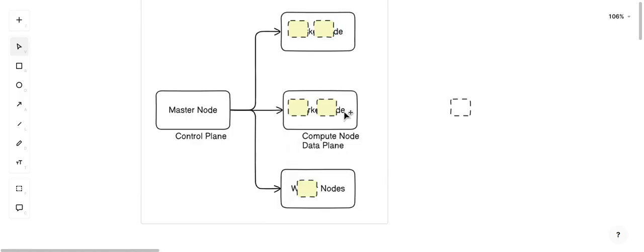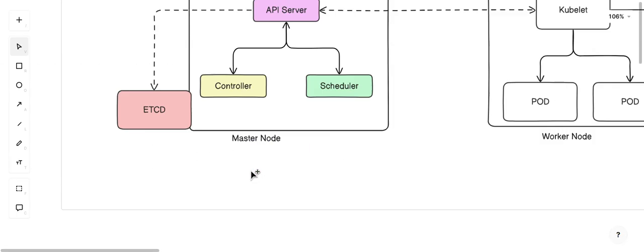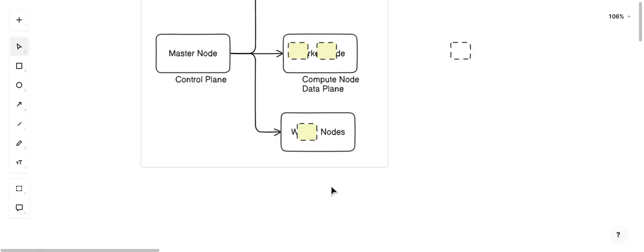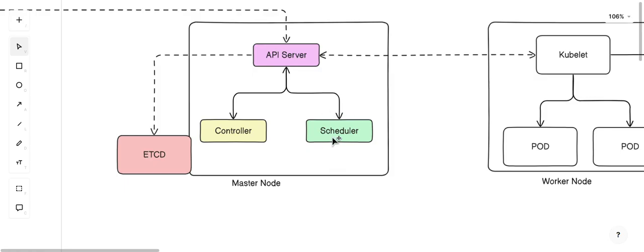So now etcd will have this information. Etcd will always have the information of which worker node has how many pods. But what the scheduler does is it finds a suitable worker node.